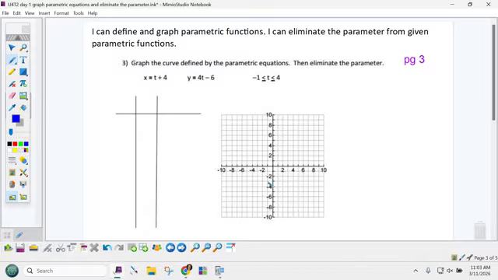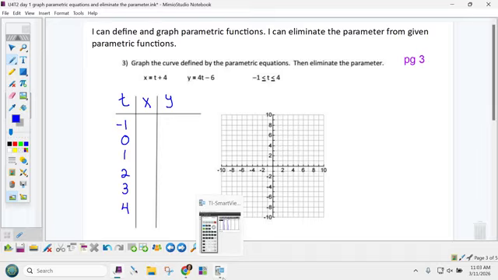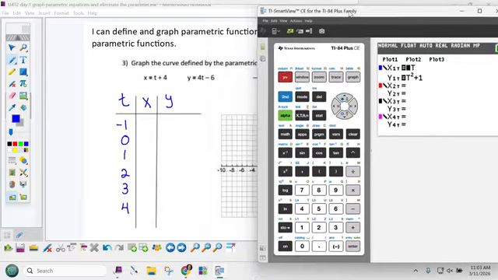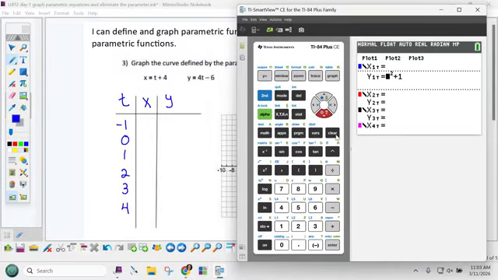All right, let's try page 3. Input of t, x and y. This time our t's go from -1 to 4. Y equals, clear out our equation.